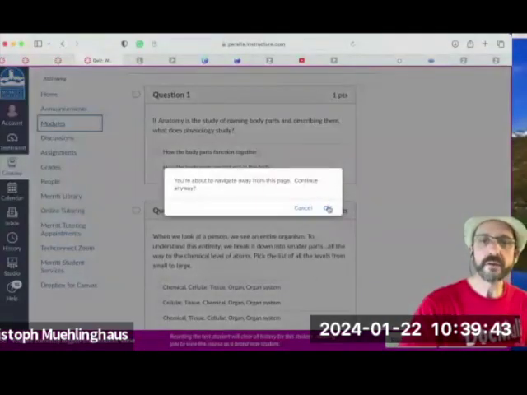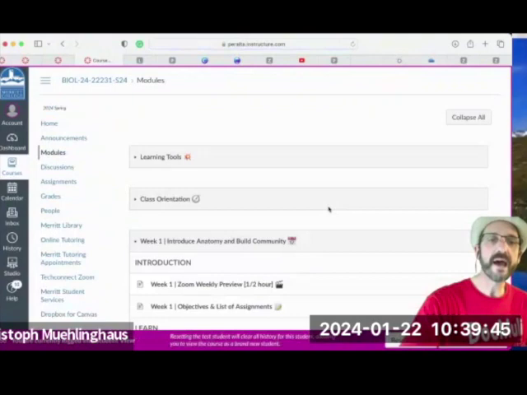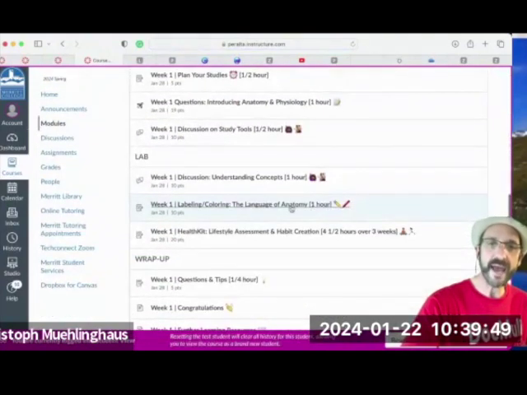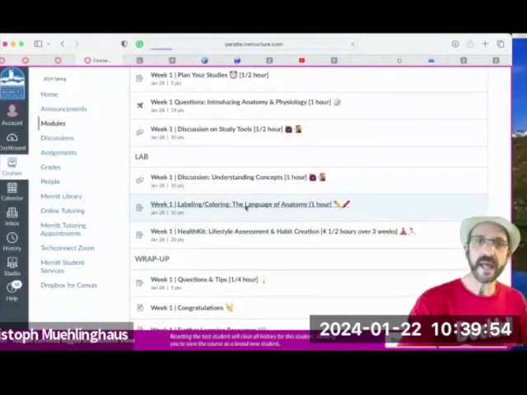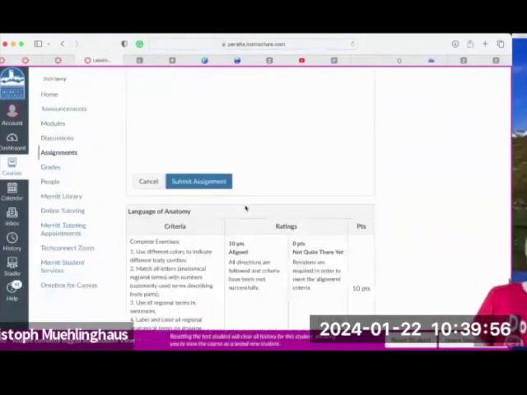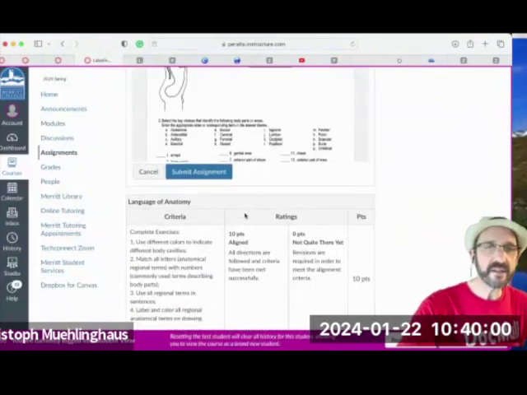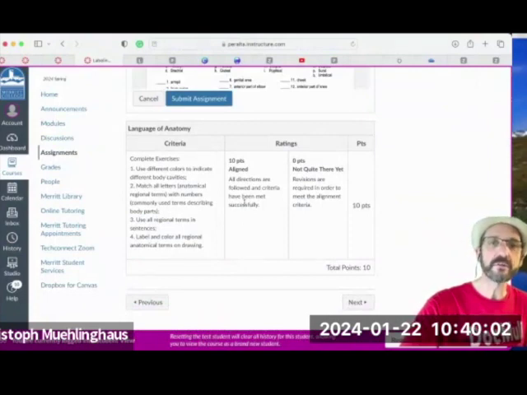And then after that, we have other integration exercises. In this first week, we have a labeling and coloring, language of anatomy. Mostly those come after we get to the bones. Each assignment at the bottom has these criteria, these rubrics, so you can read what I want.